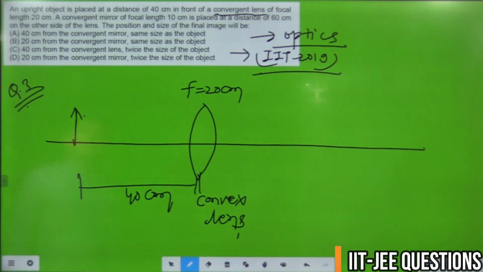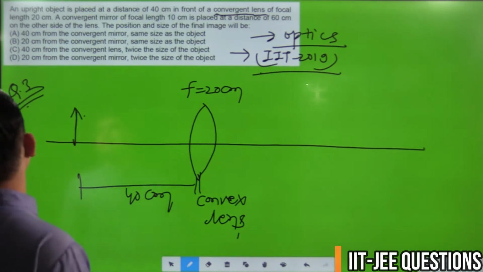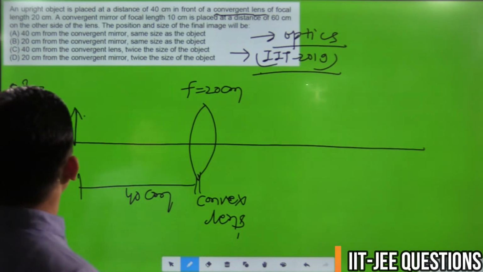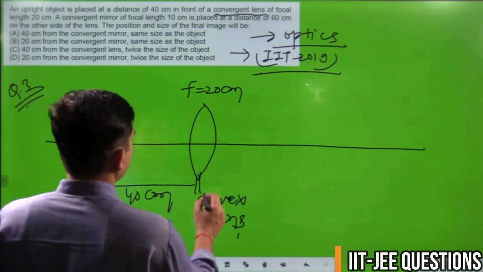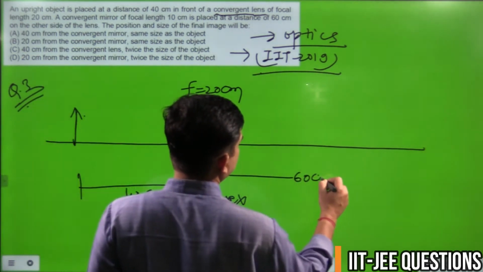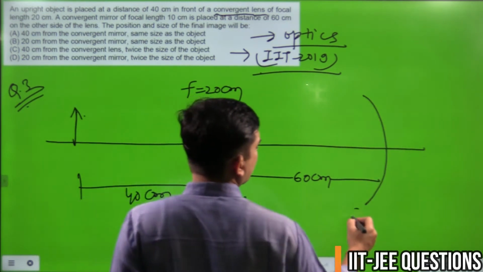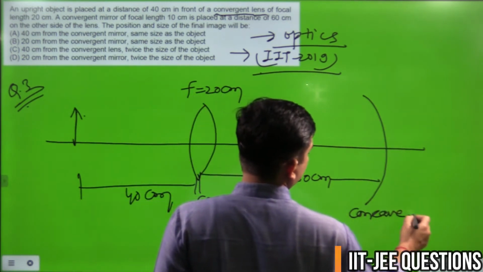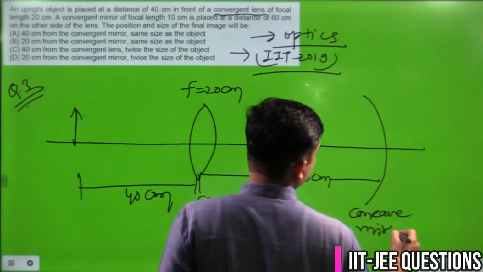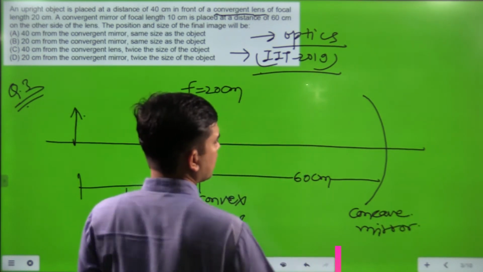A convergent mirror of focal length 10 centimeter is placed at a distance of 60 centimeter on the other side of lens. Here we have distance 60 centimeter and a convergent mirror means concave mirror. Convergent mirror means which mirror? Concave mirror.